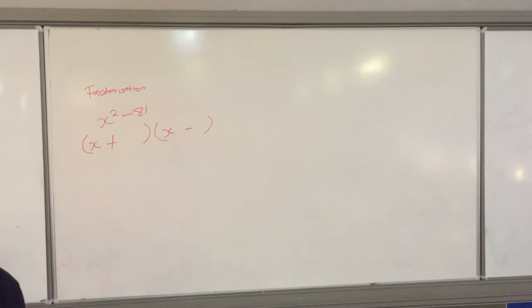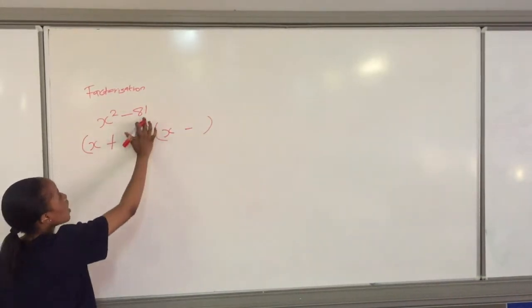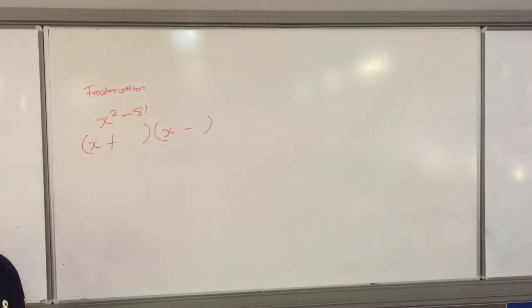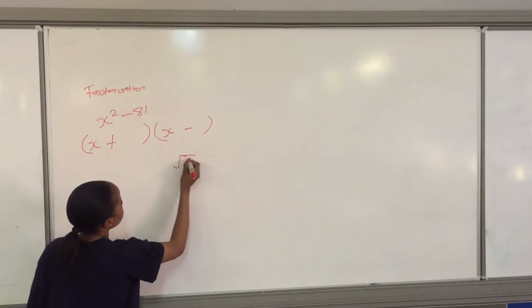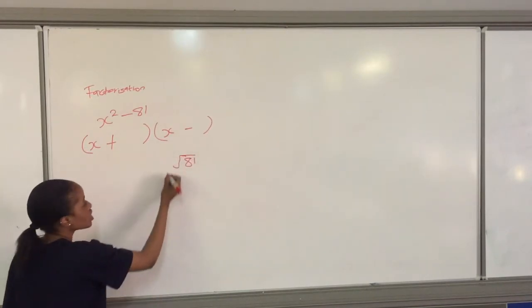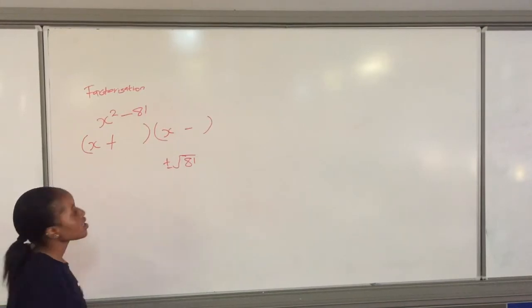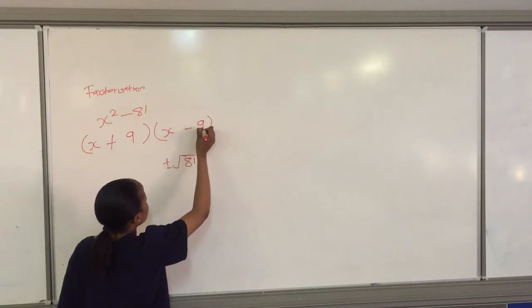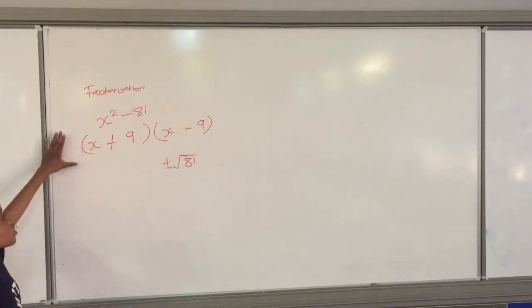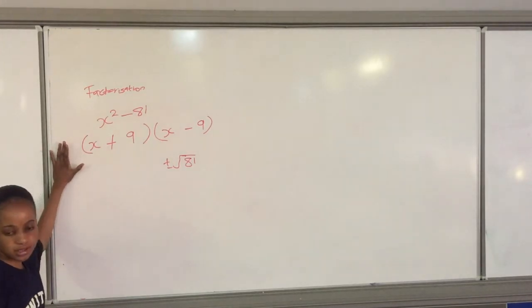Then you're gonna take your calculators, then check the square root of 81, which is 9, right? Which is plus or minus 9. Then from here, you're going to have a plus 9 and a minus 9. So this is the simplest way of dealing with the difference of 2 squares.